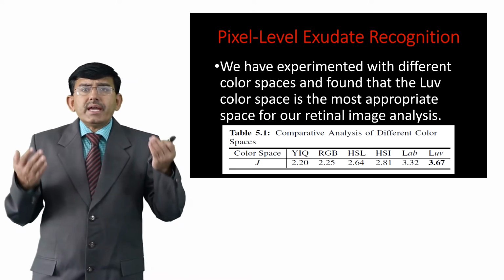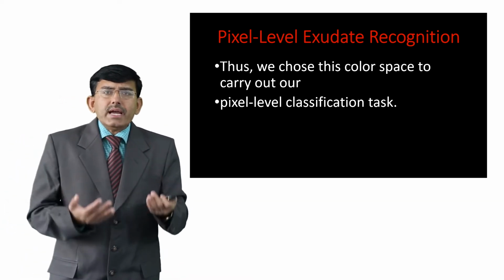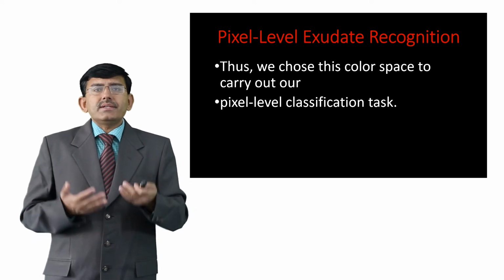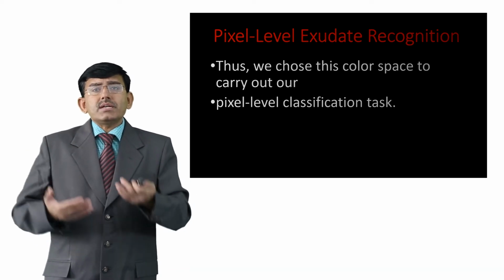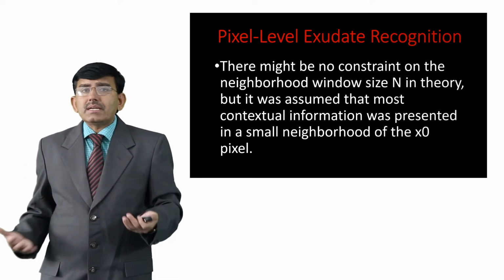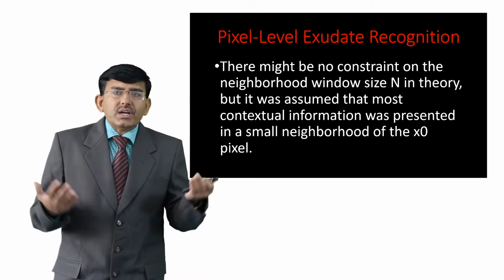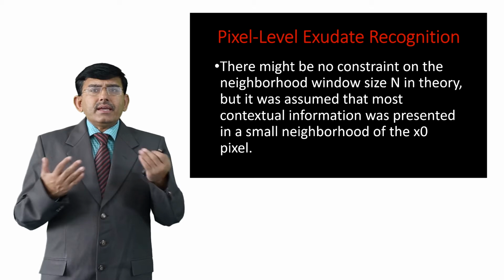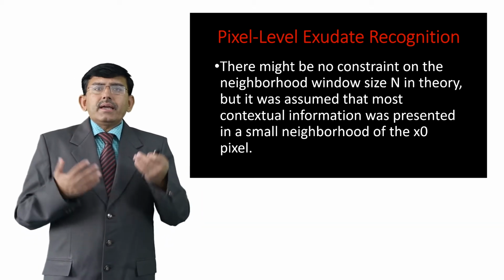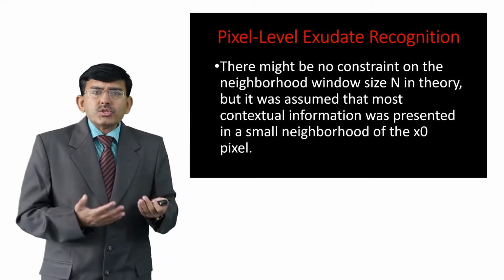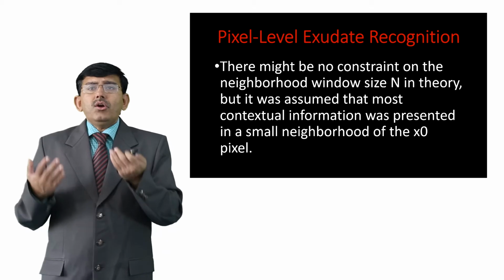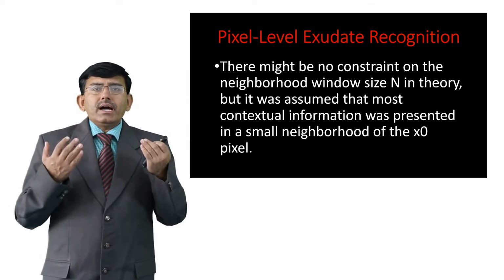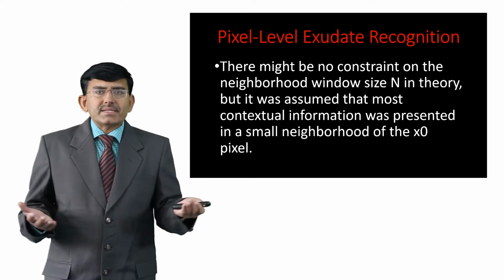Thus, we chose this color space to carry out our pixel-level classification task, and this gives us good achievable results. There might be no constraint on the neighborhood window size n in theory, but it was assumed that most contextual information is present in a small neighborhood of a small number of pixels.